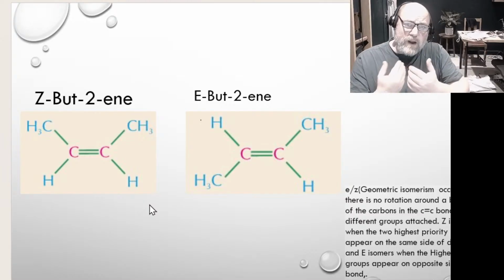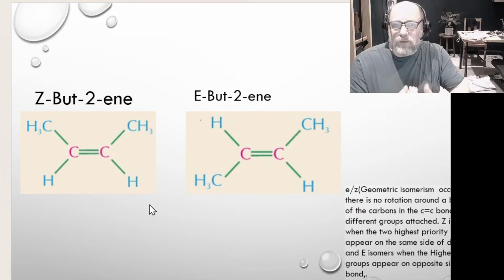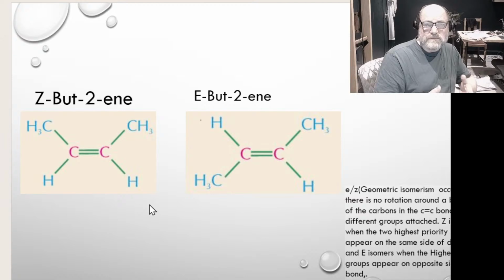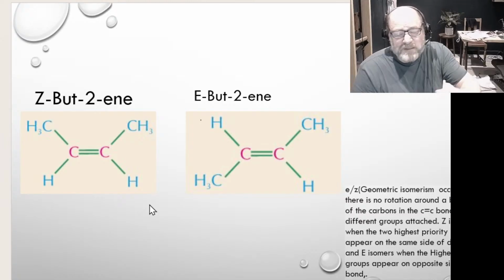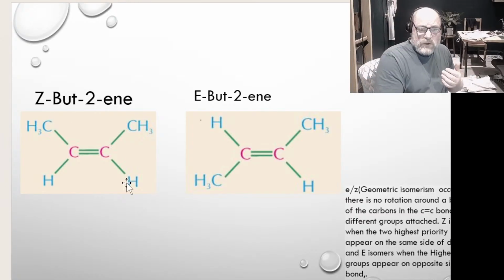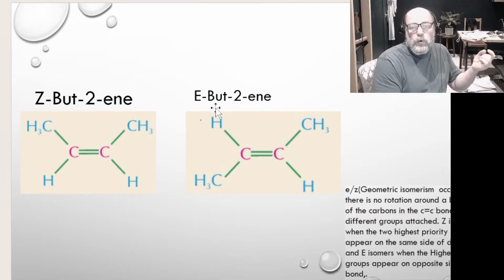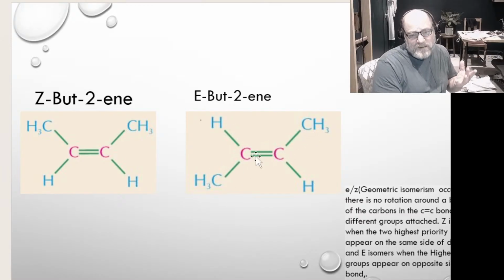When I was doing my A-level chemistry, there was no such thing as E/Z isomerism. It hadn't been invented when I was doing my A-level chemistry in the very early 90s. It wasn't on the syllabus, so it was just cis and trans. We would call this cis but-2-ene, and we would call this trans, meaning across the double bond, they're opposite each other.